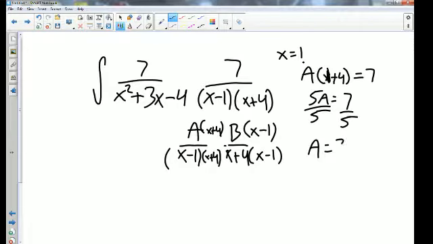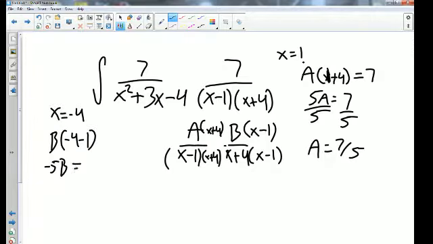A equals 7/5. To find B, you do the same exact thing, except this time you set x equal to -4. That cancels the A out. So -4 minus 1 gives -5B equals 7, because you set it equal to the numerator of the very first integration problem.